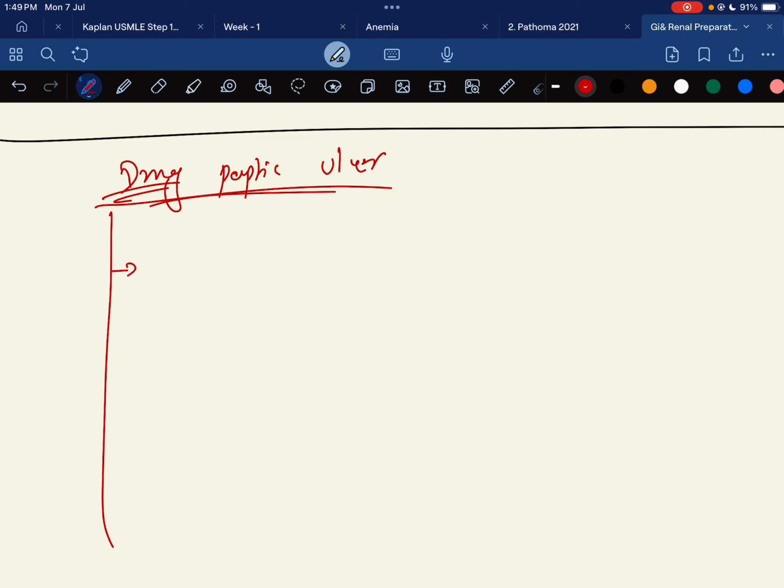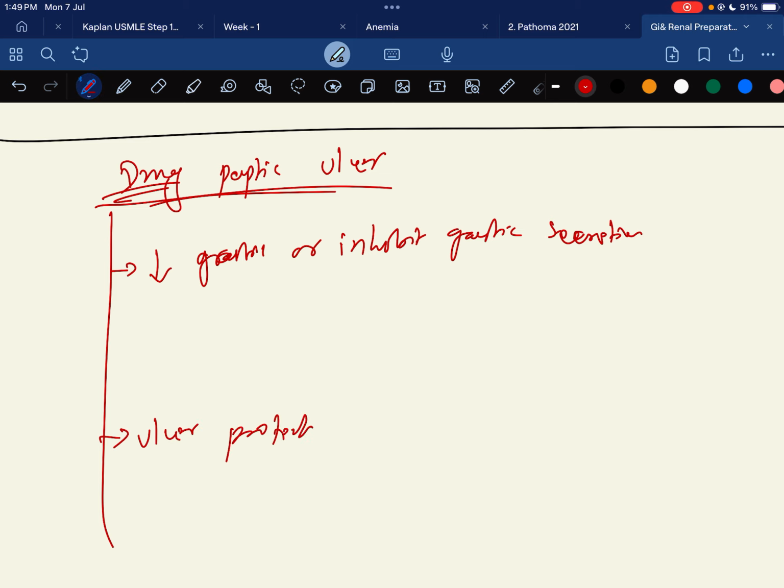mechanism of action. There is a class of drugs which decrease or inhibit gastric secretion, and another is ulcer protective.